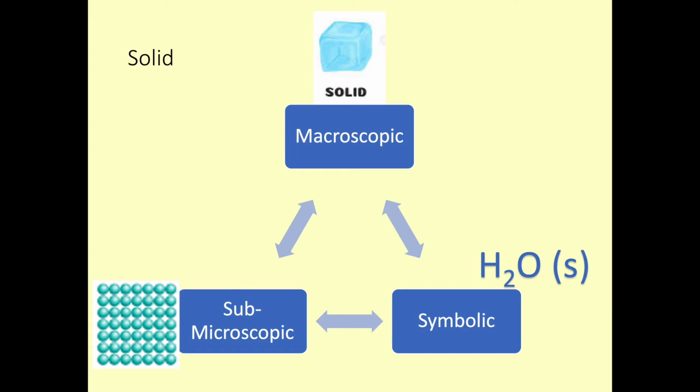So key points, regular arrangement, vibrating around a fixed point. And then the symbols. So state symbols you will hopefully have come across before, but that S in brackets shows us that that water is in a solid state.